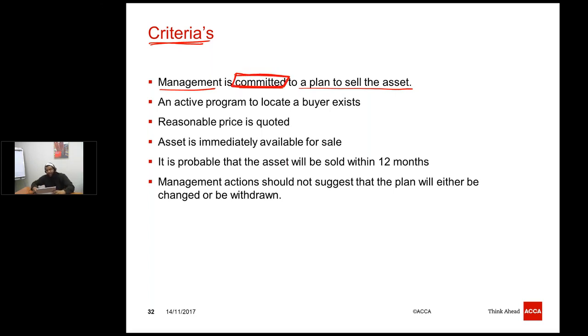The word commitment means that we have decided to sell. We are not considering whether we should sell or not. No, the management is committed that we are going to sell the asset. That is called commitment. Only in that case will the first criterion be met. The company should not merely consider, the company should commit.